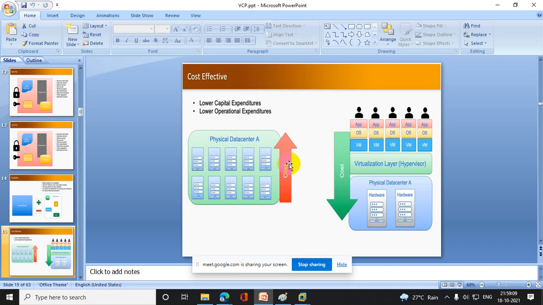The cheapest is Microsoft. Even the certification, if you do a cloud certification in Azure, is very cheap.